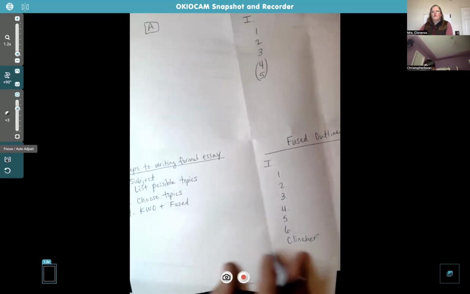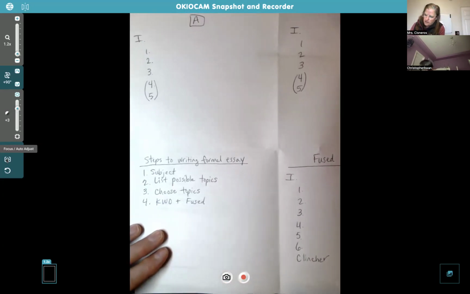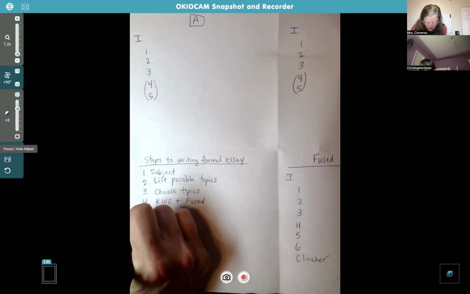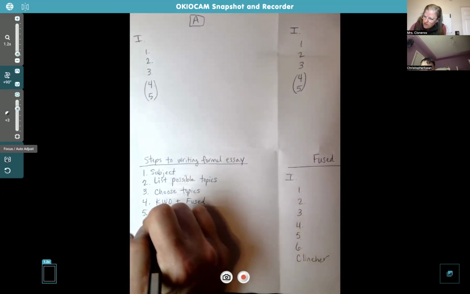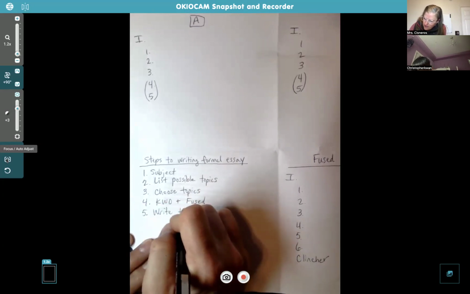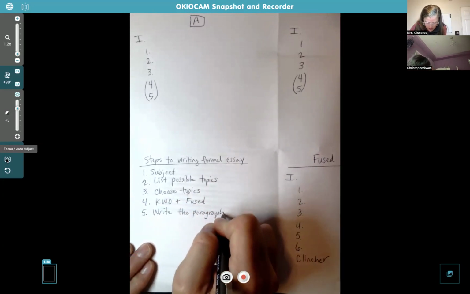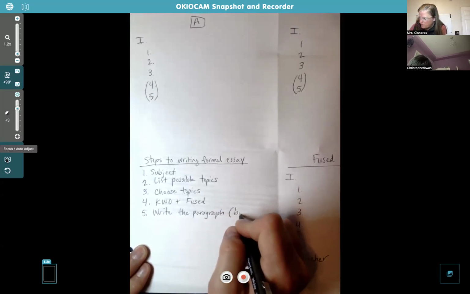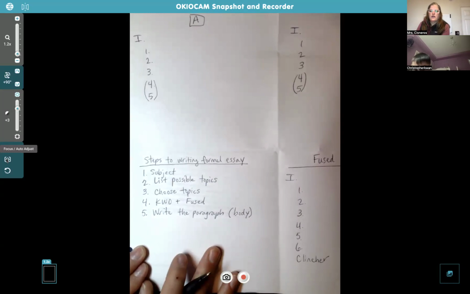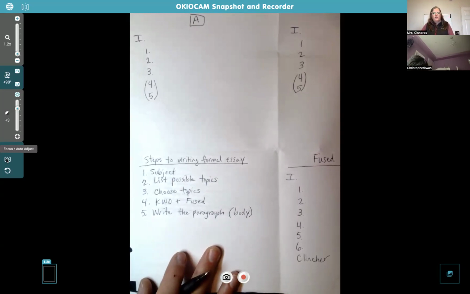And then once you have your fused outline done, what do you do next after that? Write the paragraph. Good, right? The paragraph. Very good. And I'm going to put in parentheses body because this is a 5-paragraph model. So remember those 3 paragraphs from your 3 topics are in the middle.